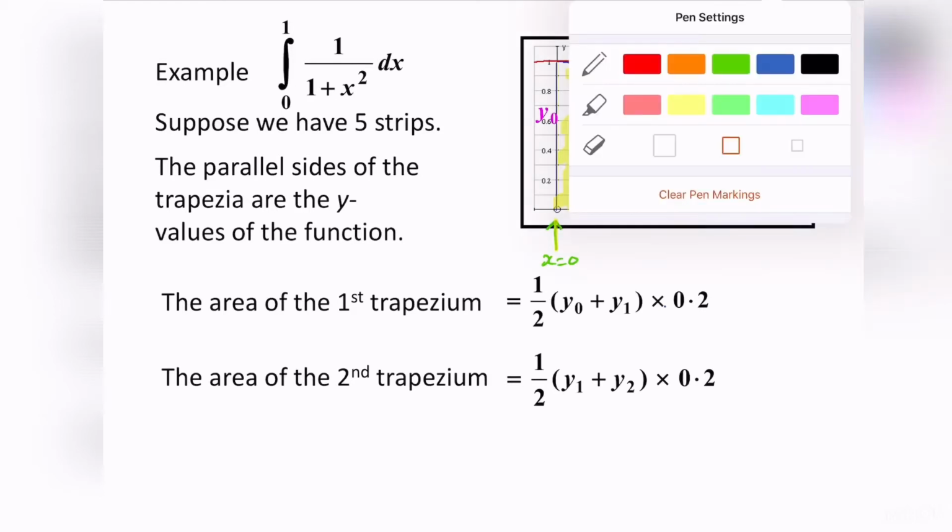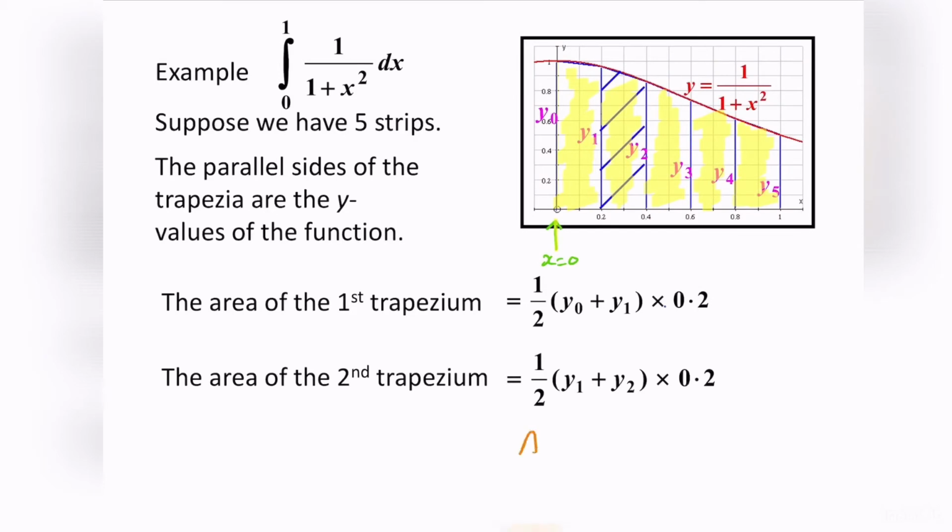In that case, it will be 1/2, and then in A3, the third strip, is y2 plus y3. So it's y2 plus y3 multiplied by h, which is 0.2. Okay, so multiplied by 0.2. And you carry on until we reach the last one.